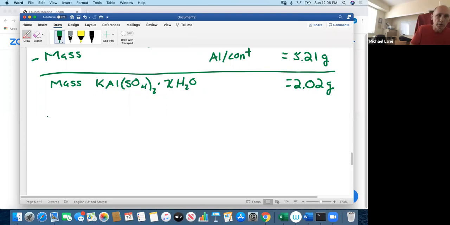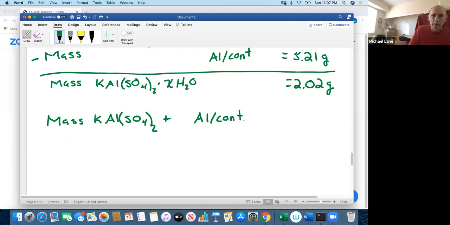So the first one, in no particular order, the mass of the potassium aluminum sulfate plus, again, I'm going to call it just Al container for aluminum container, equals 7.23 grams.